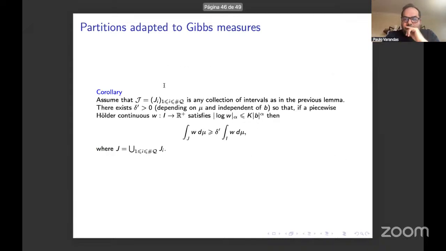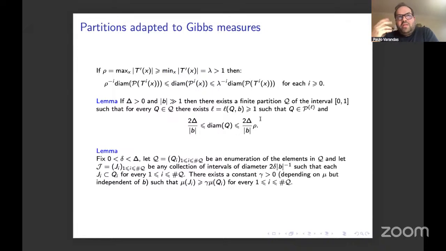It pops up in this kind of formula, that for a piecewise Hölder continuous function which has slow slope, so nearly constant, the integral on big sets is comparable to the integral on smaller sets. So why is the Federer property important?